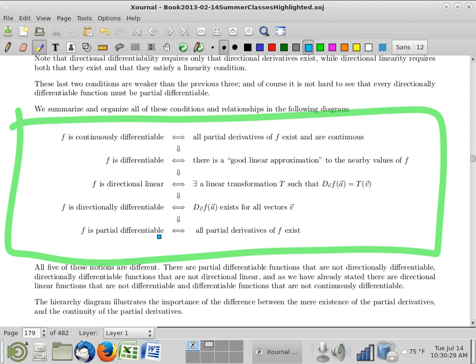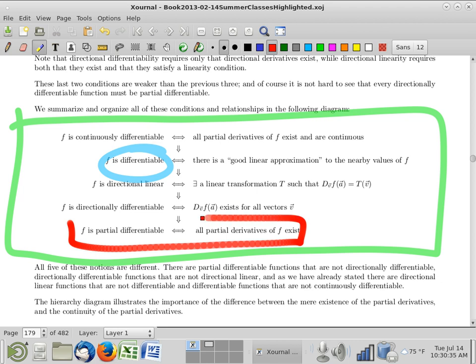If you want to know if a function is differentiable, don't just check that the partial derivatives exist. Not good enough. Not at all. It's 3 notches down on the list of regularities. So it's important to get this idea that differentiability is a more powerful, more significant concept than just that you can take the partial derivatives.